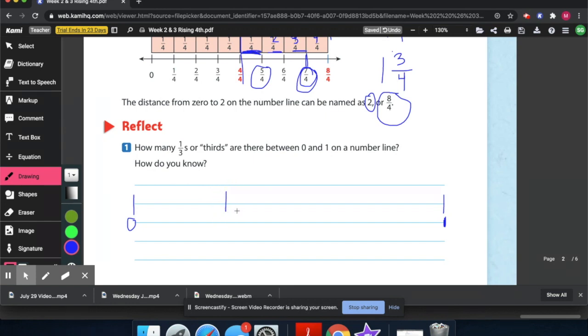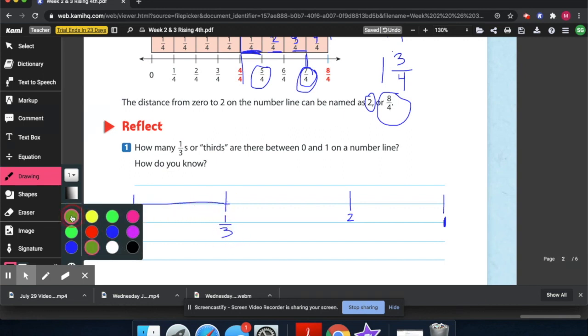So I cut 1 and I cut 2, but in between I have 3 equal spaces. I'm going to write 1 and 2. So in between, I know I split it up into thirds. I know this is 1/3, so I'm going to write 1/3, this whole part.